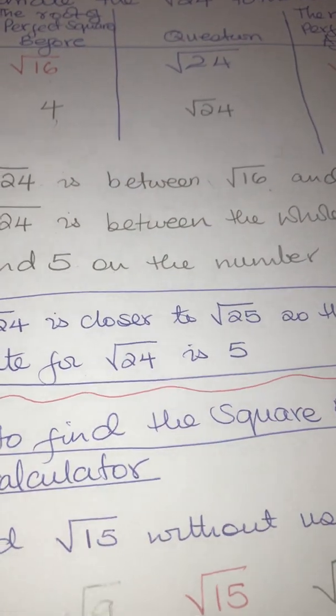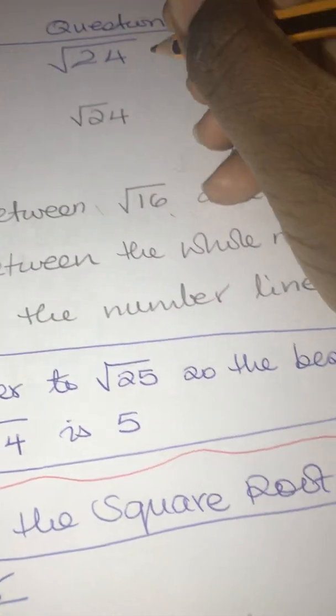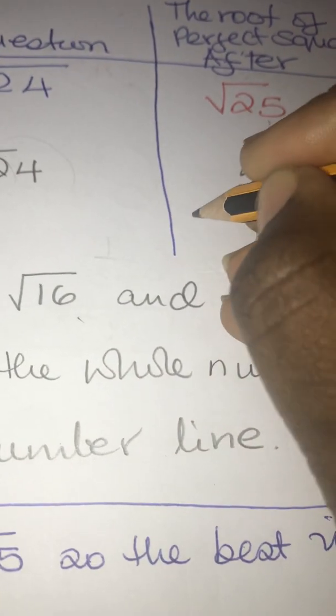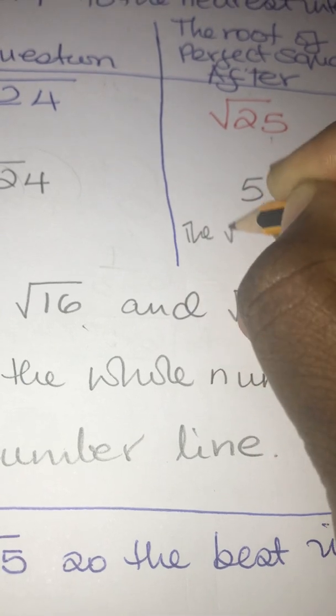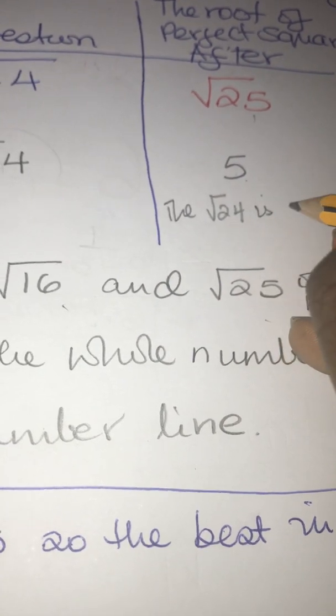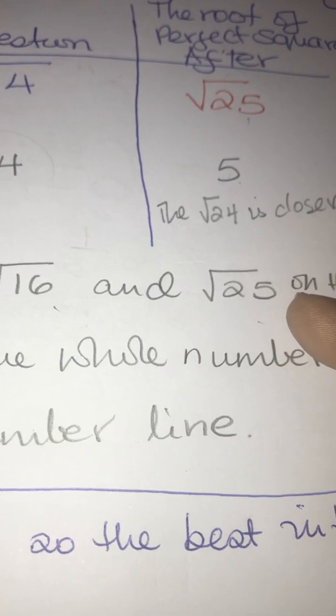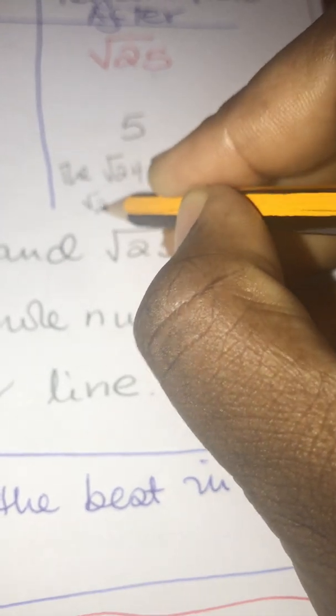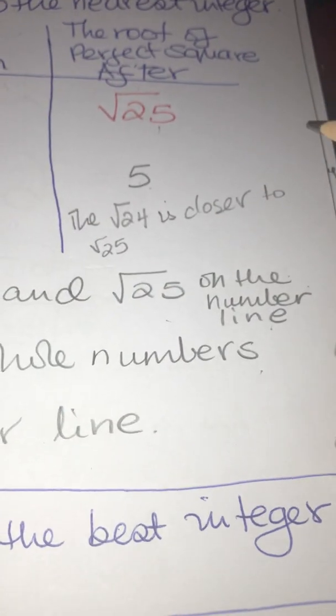So, the best estimate, so I will write the square root of 24 is closer to the square root of 25.